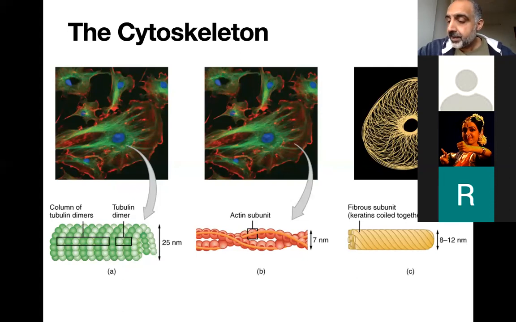So, like I said, we have these three main types of cytoskeletal polymers, and they're all polymers: actin, microtubules, and then this other group of polymers known as intermediate filaments. Together, these control cell shape and cell mechanics. They're organized in networks.